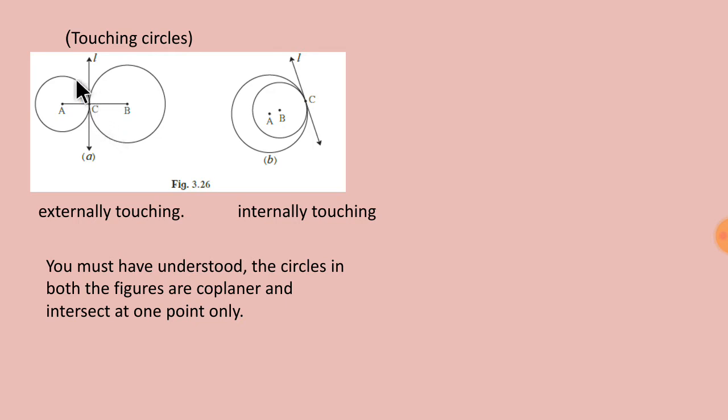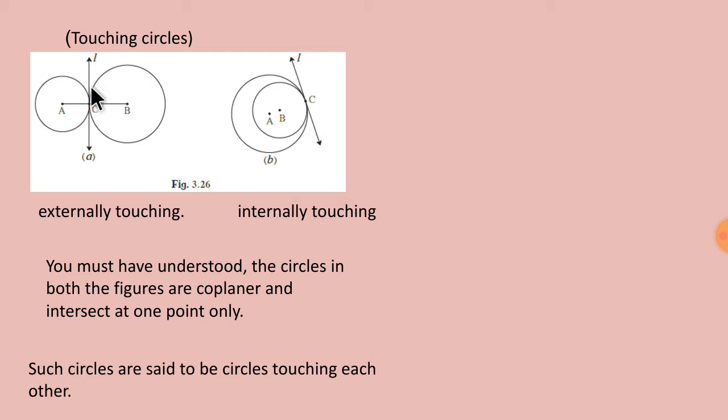Means दोन्ही वर्तुळे एकमेकांना एकाच बिंदूमध्ये स्पर्श करतात, and that point mean C. Here also small circle touches large circle internally at point C. In this way, such circles are said to be circles touching each other. Means this type of circles are called touching circles.